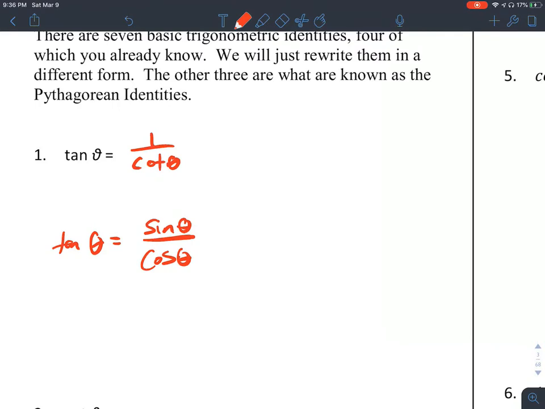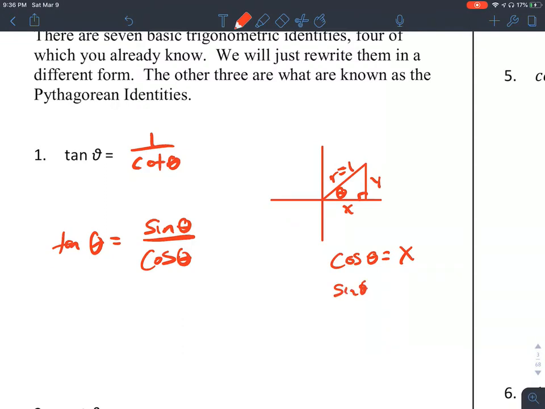Now, the reason why we can say that tangent is the same as sine over cosine, if you recall back to the unit circle, everything relates to that. In a unit circle, the radius is 1. We have a y value, we have an r value. And let's say that theta is this angle here. We know that cosine of theta is x over r, which is x over 1, which is just x.